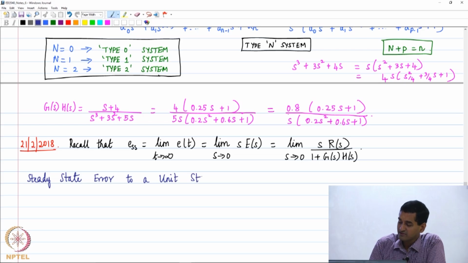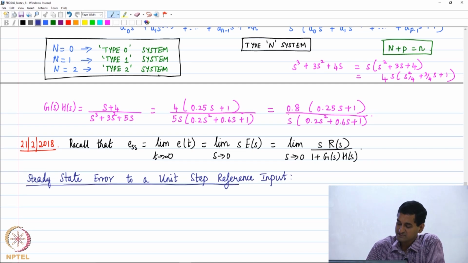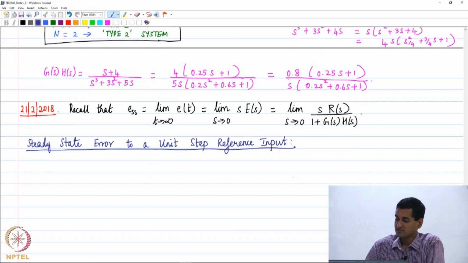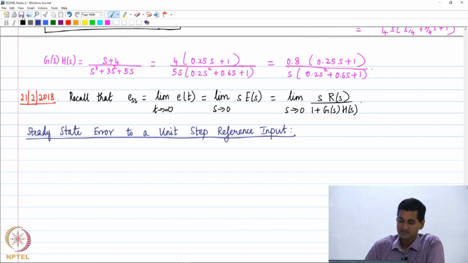That is what we are going to do to begin with. So, let us take r of t to be 1 and let us observe what happens, right. That is the first analysis we are going to do as far as steady state error analysis is concerned. So, if r of t is 1, what is R of s? It is going to be 1 divided by s, right.